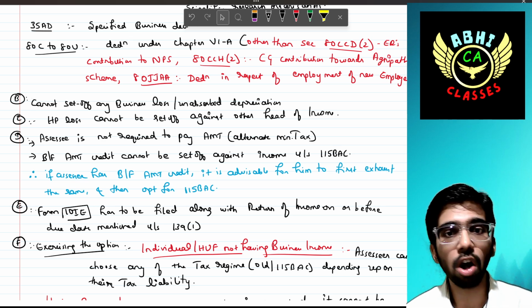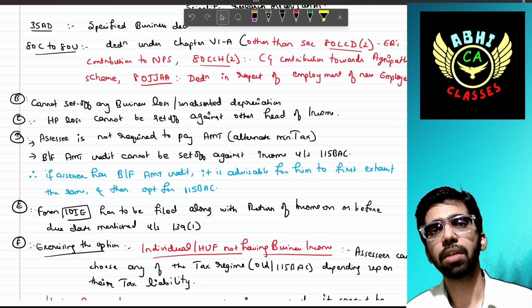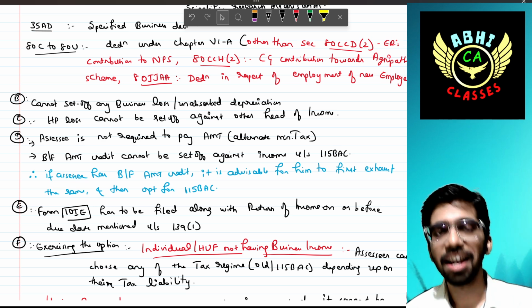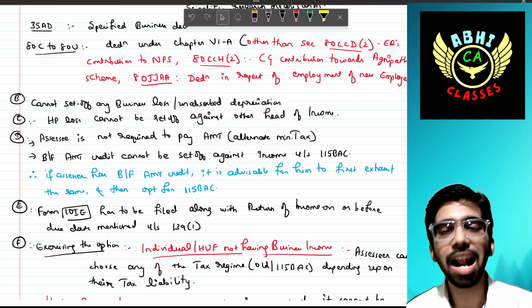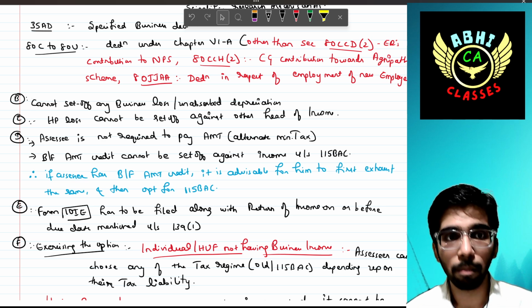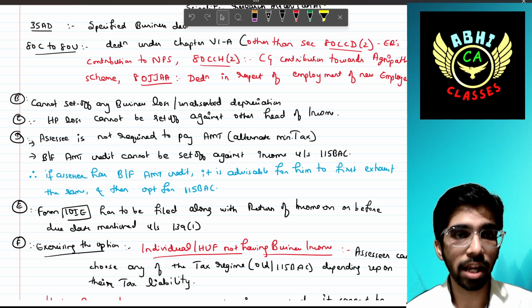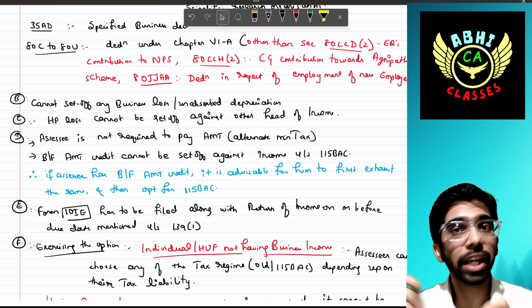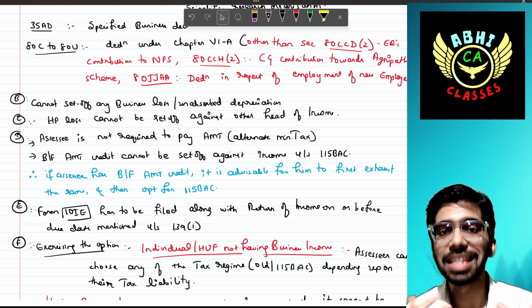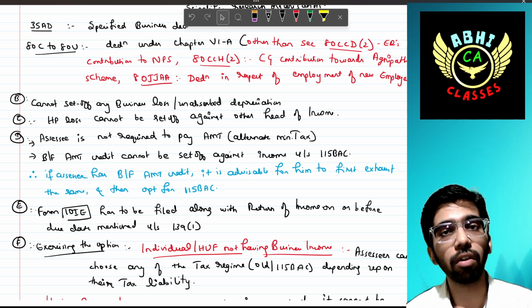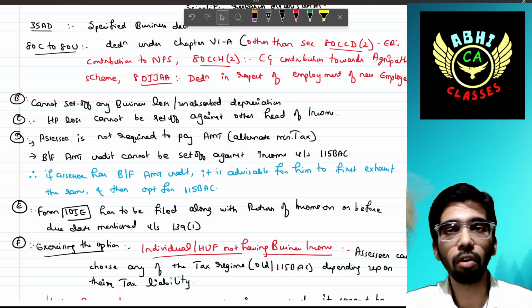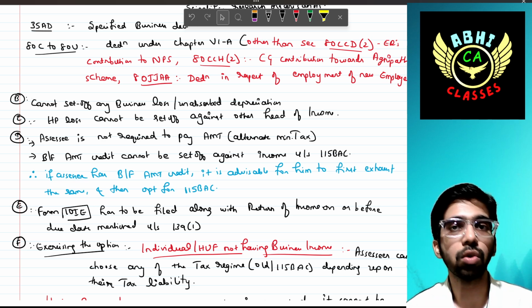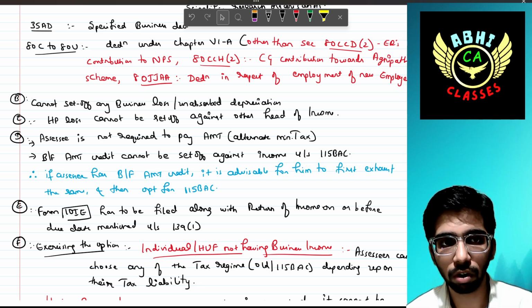Next, an SSE is not required to pay AMT. What is AMT? We'll discuss it clearly in the upcoming chapters. That is alternate minimum tax. But brought forward AMT credit cannot be set off against income under section 115BAC. If you have brought forward AMT credit, that also you need to forgo. That's it in simple words.